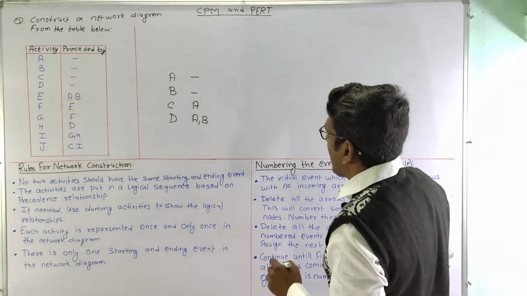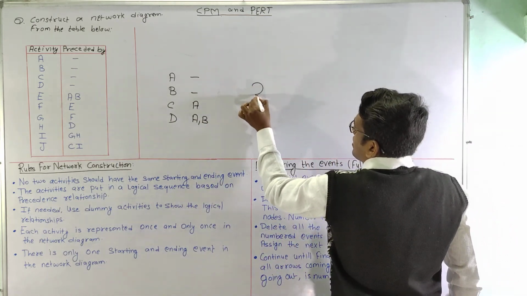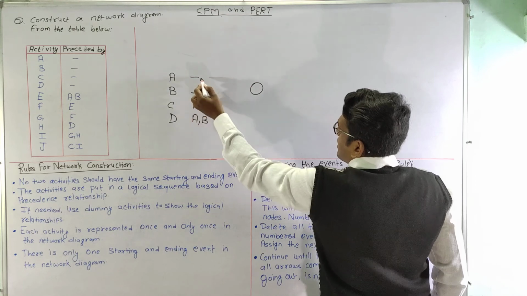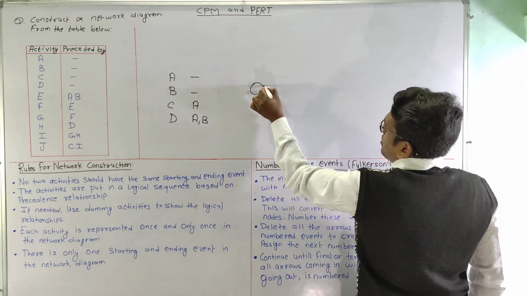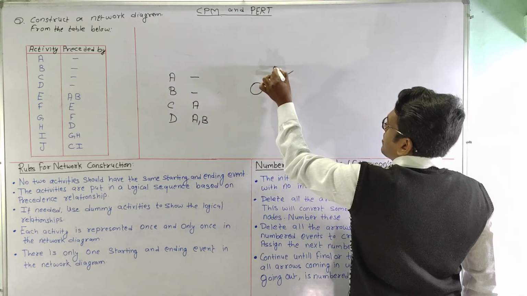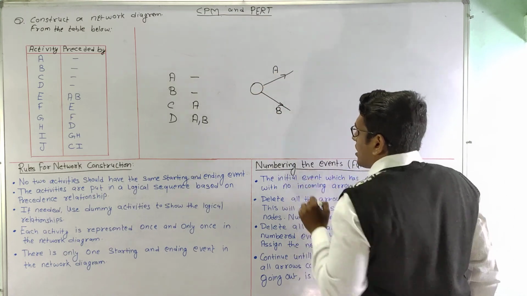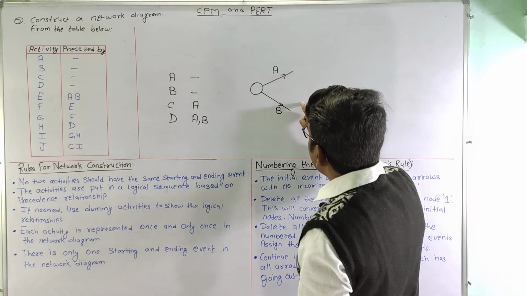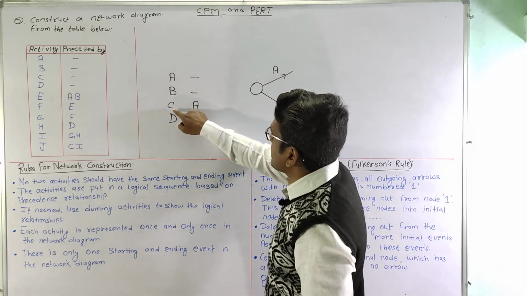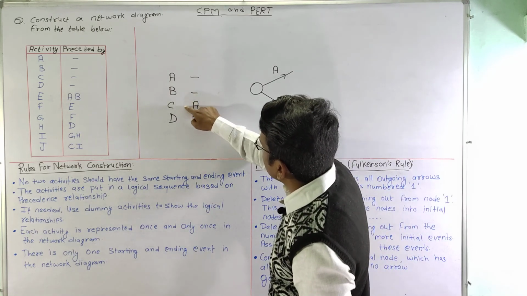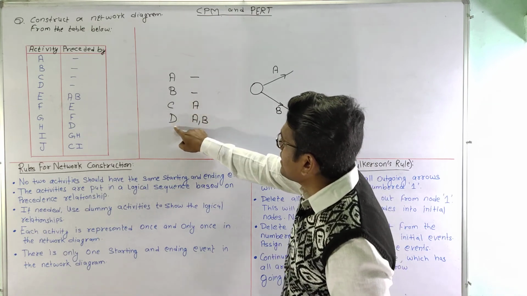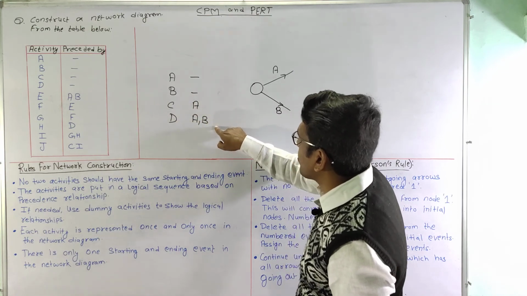In this case, we can start the unpreceded activities, A and B, from the starting node. Now from here we can see that C is preceded by A only and D is preceded by A and B both.